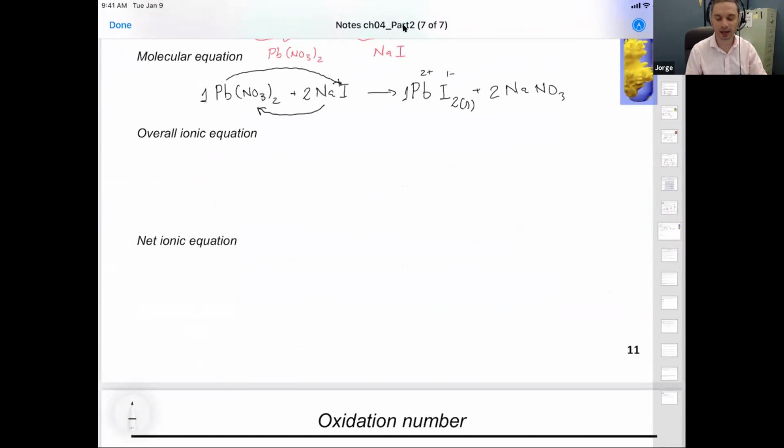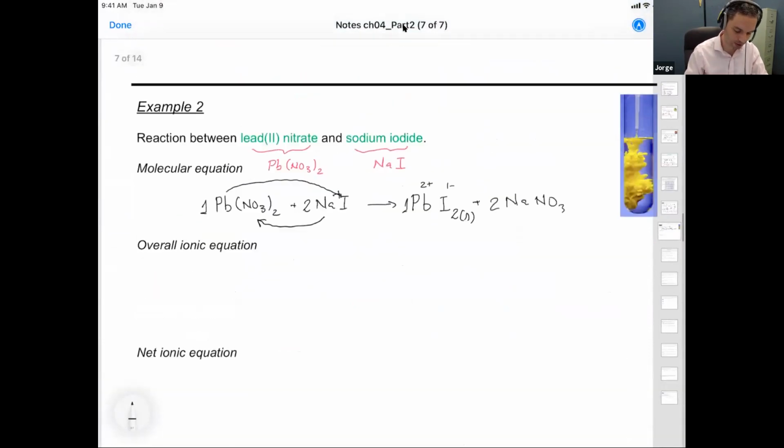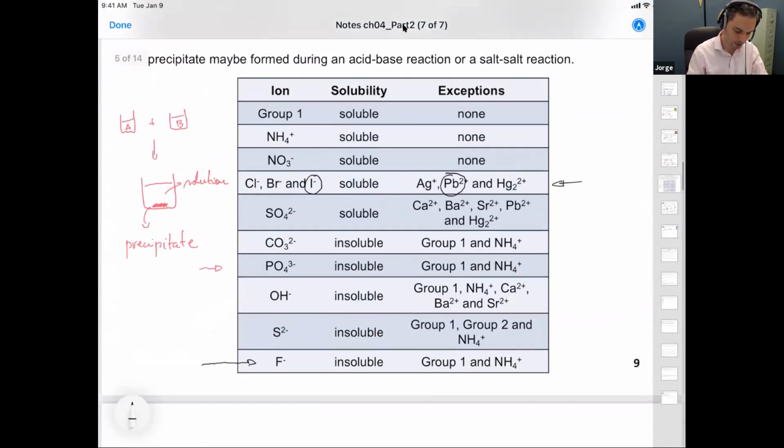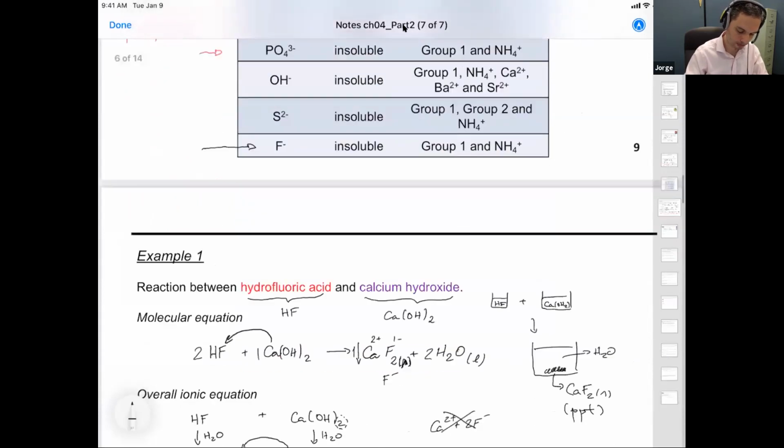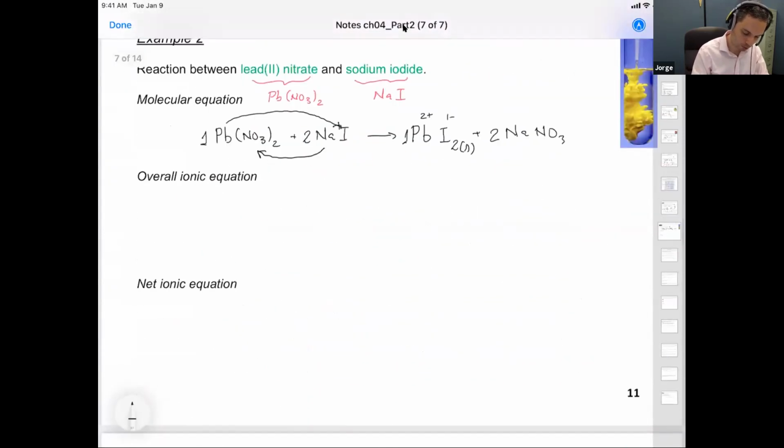Now let's check for sodium nitrate. Sodium nitrate is a salt that contains a group 1 cation. Therefore, they are always soluble. They will never form precipitate, okay?